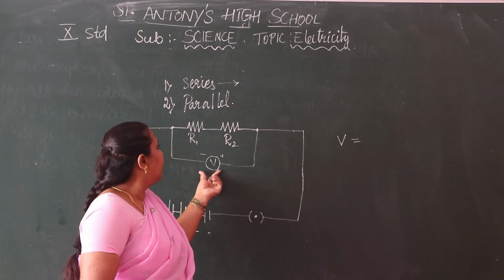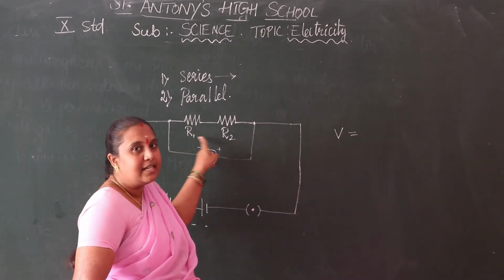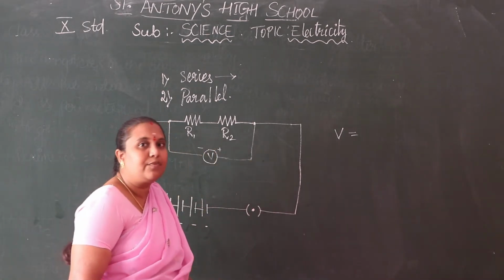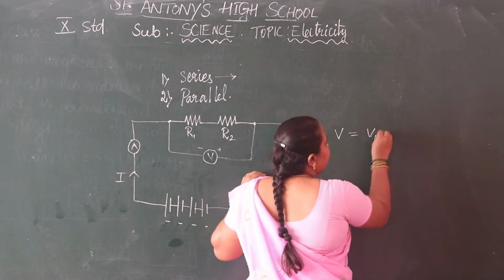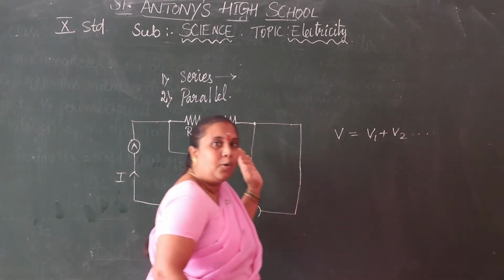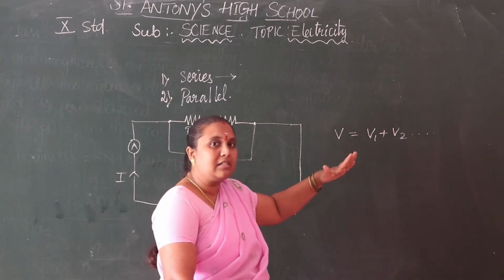Here R1 and R2 are both connected in a series circuit. So the potential difference V equals V1 plus V2, and so on in a series. If we are adding more than 2 or 3 resistances, we can connect them as well.